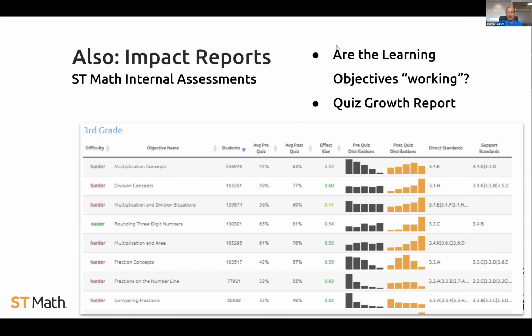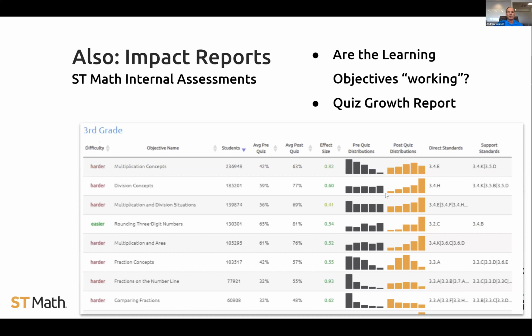Also, kinds of reports we have, you may have seen this one more, and you might have seen some of the others because they got released last school year. But we also have impact reports on our STMath internal assessments. So this is what we call our quiz growth report, and its design is objectives centric. We're going to look at specific objectives for all the kids who went through that objective.